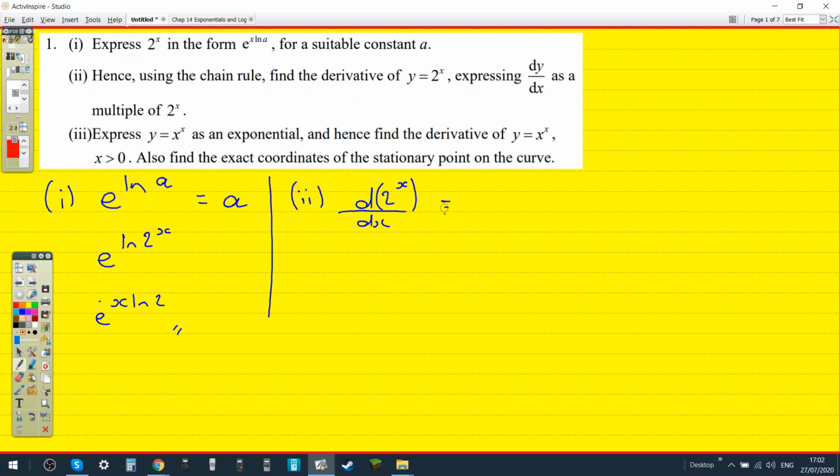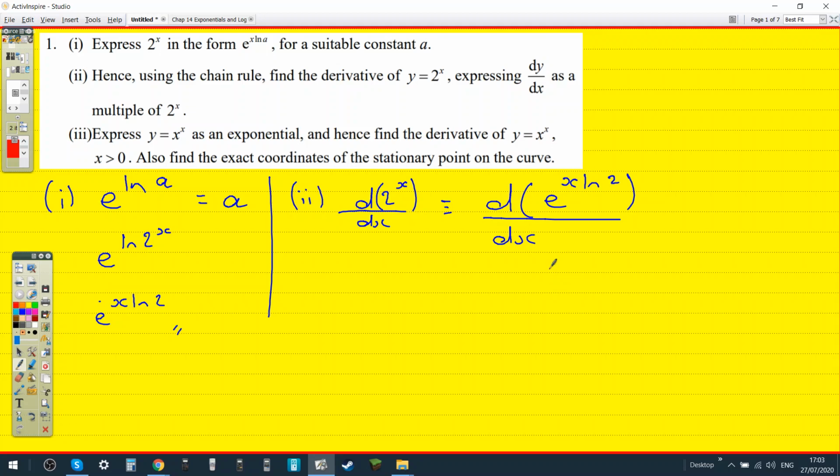Yeah, will be the same as the derivative of e to the x ln 2. Okay, so the derivative of e to the x ln 2.